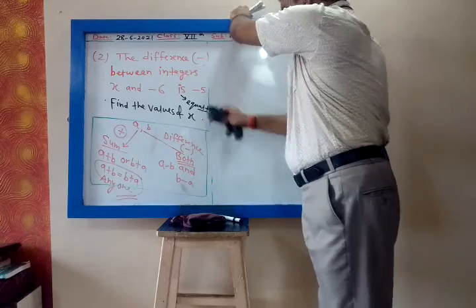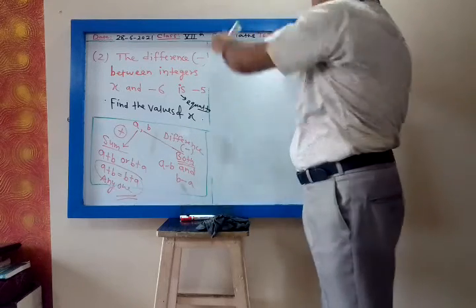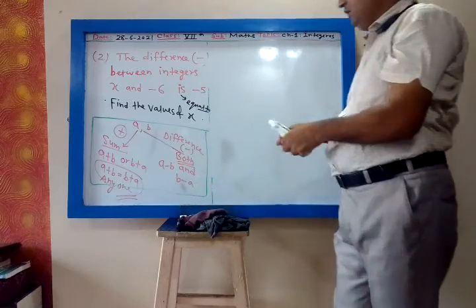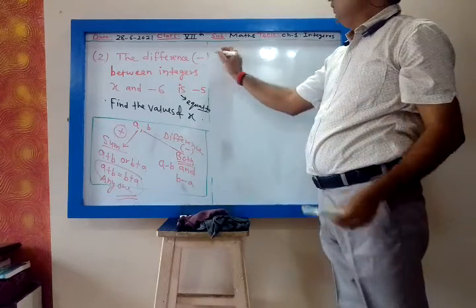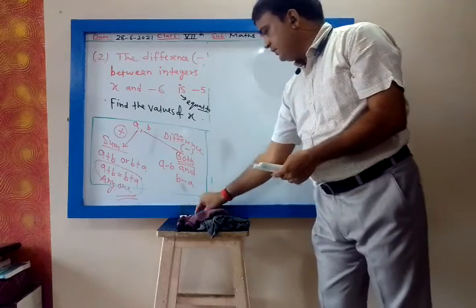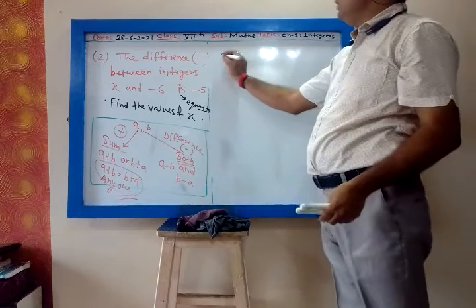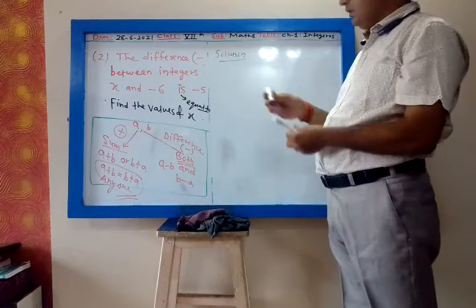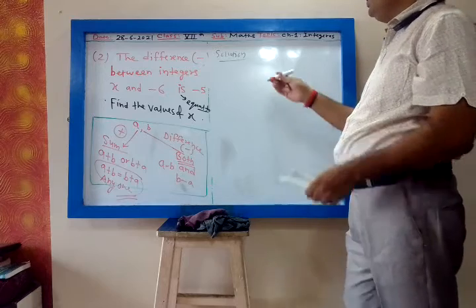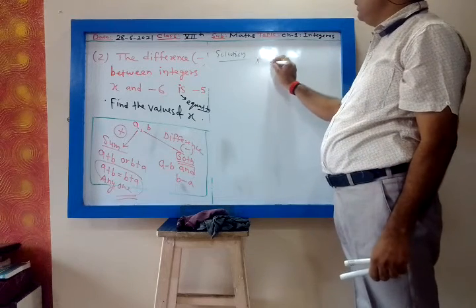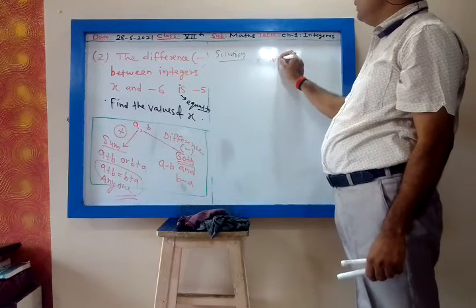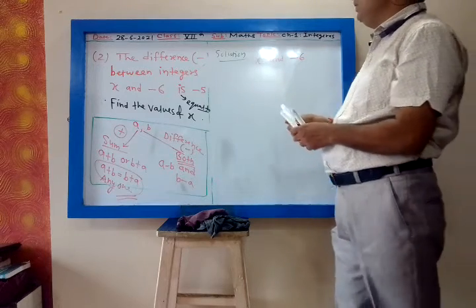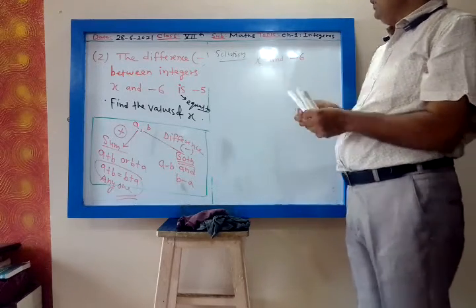So now let us write the solution of this. You are given two integers, x and minus 6. First, the difference.